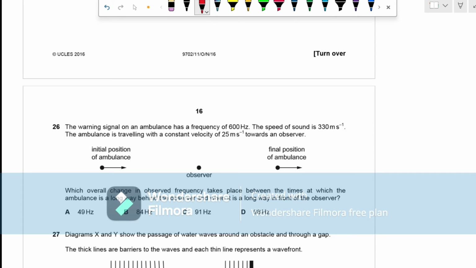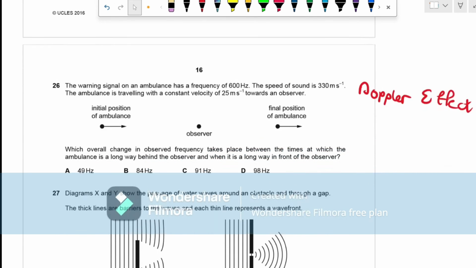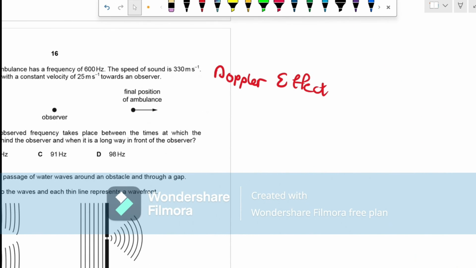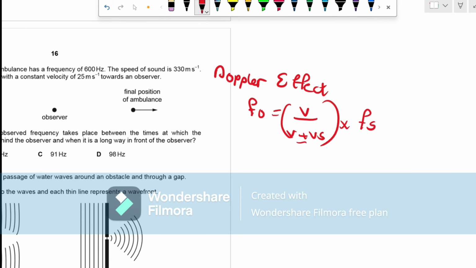So basically how the Doppler effect works, we have an equation for the Doppler effect. The observed frequency is going to be equal to V over V plus Vs multiplied by the frequency of the source. So it's plus or minus, right?